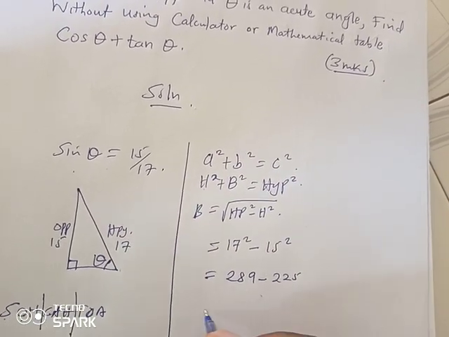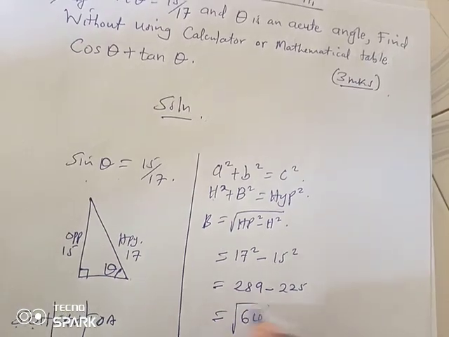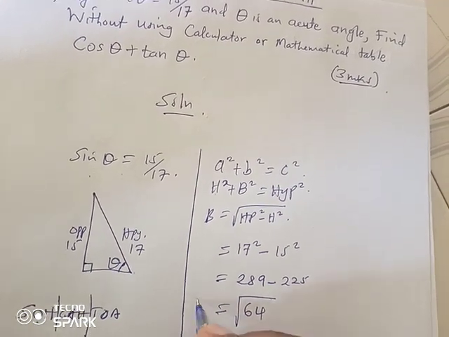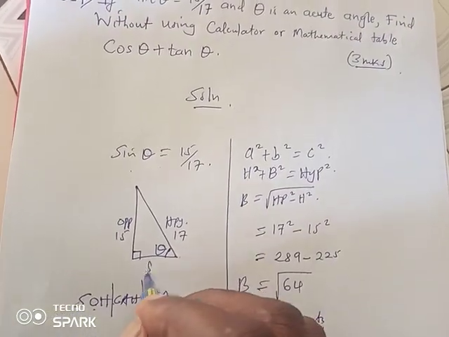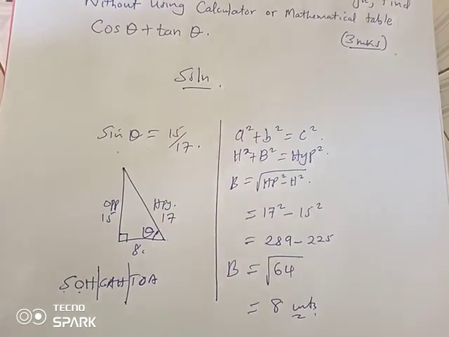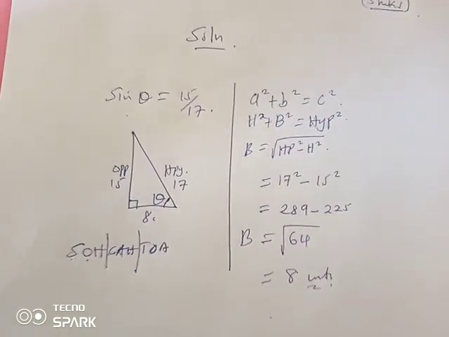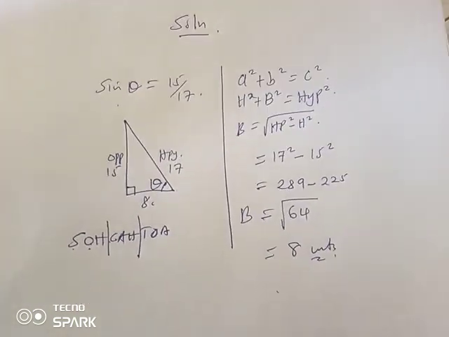Then the difference becomes 64. So getting the square root of that to get the base, it shall be 8 units. So solving our triangle, this one is 8 units.